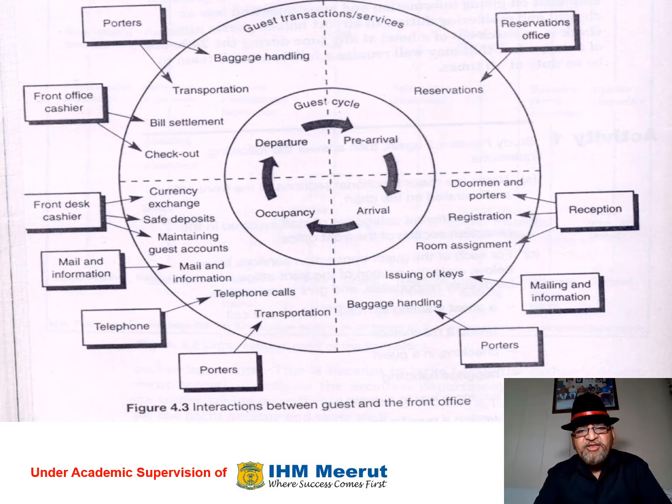Mail and information is handled by a section of the front office which is dedicated to mail and information. Telephone department is responsible for all the telephone calls to and from the guest, and porters are responsible for transportation during the occupancy of the guest.